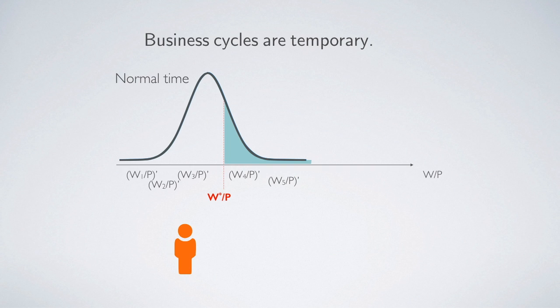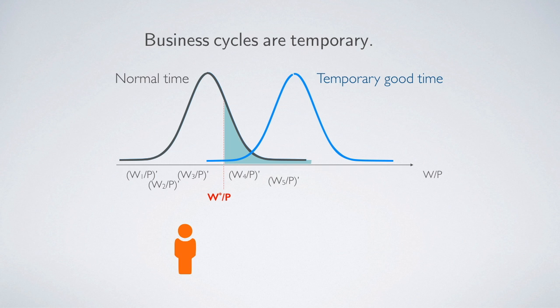To understand that, we have to know that business cycles are temporary. Let the black distribution represent a normal time wage rate distribution. When the economy is booming, there will be a shift to the right, and then it will come back, because any deviation from normal times is temporary. When the business cycle moves to temporary good times, the potential unemployed worker looking for a job knows that this good time is temporary.